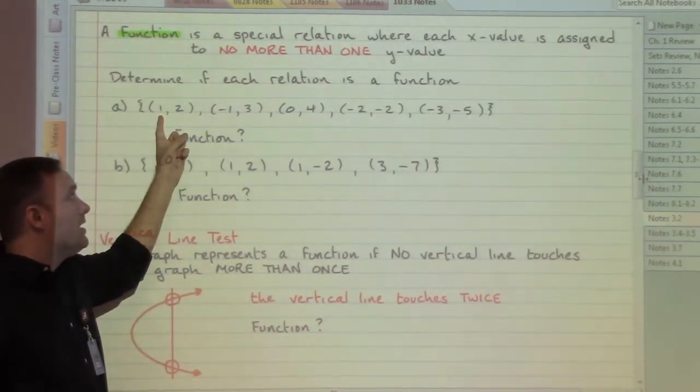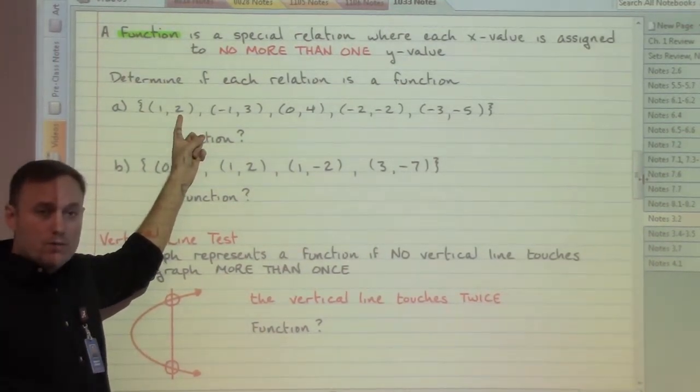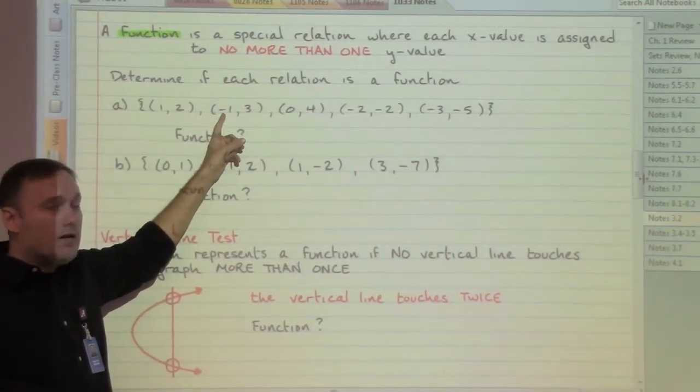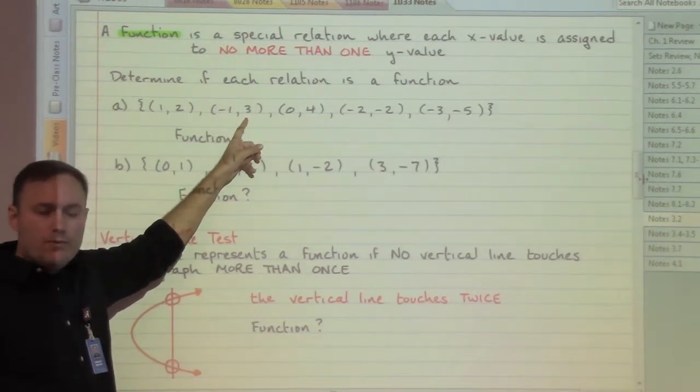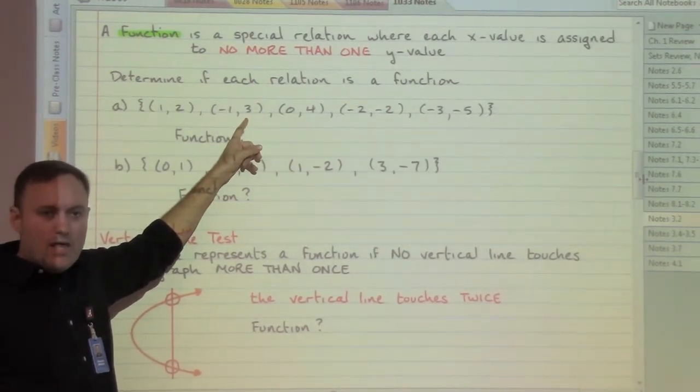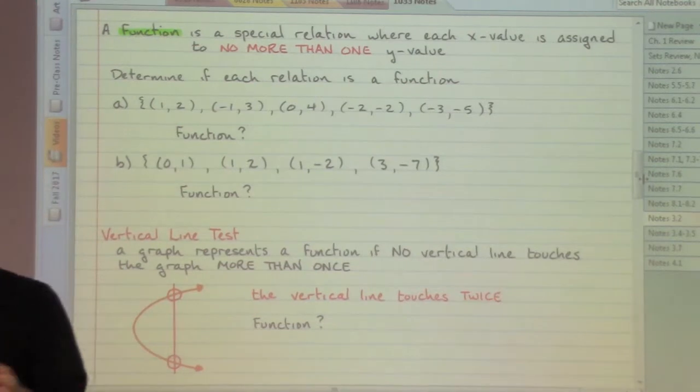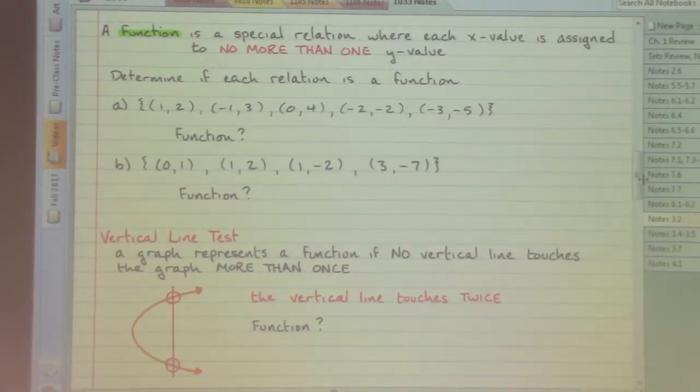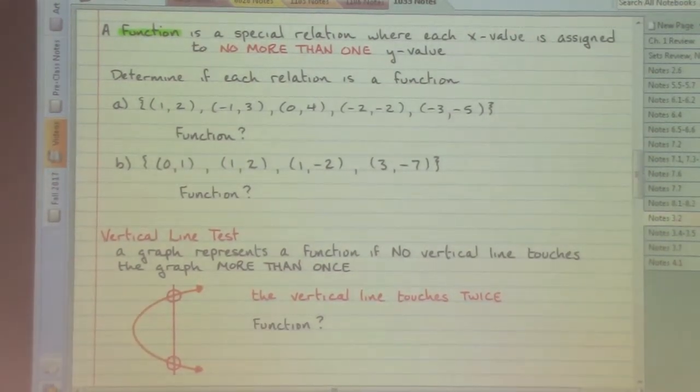The number 1 is in a relationship with the number 2, not with any other number. A -1 is in a committed relationship with the 3, but not with any other number. So, in this particular case, we do have a function.